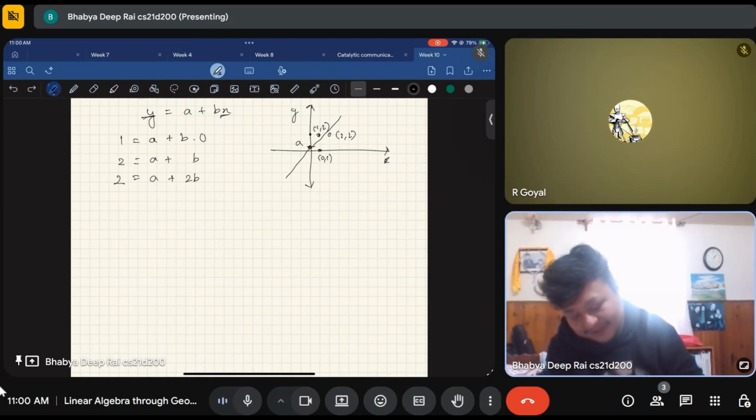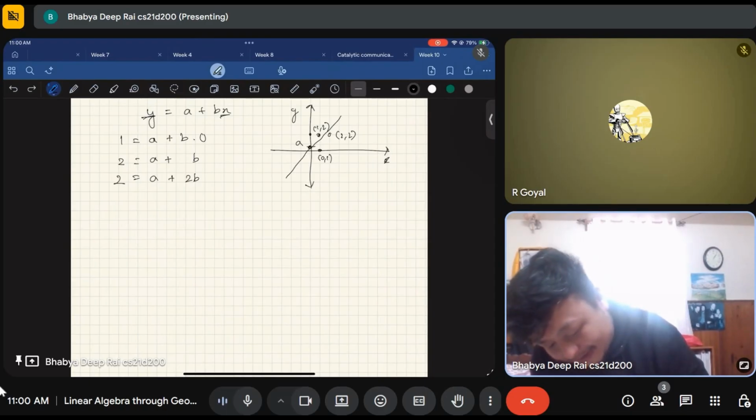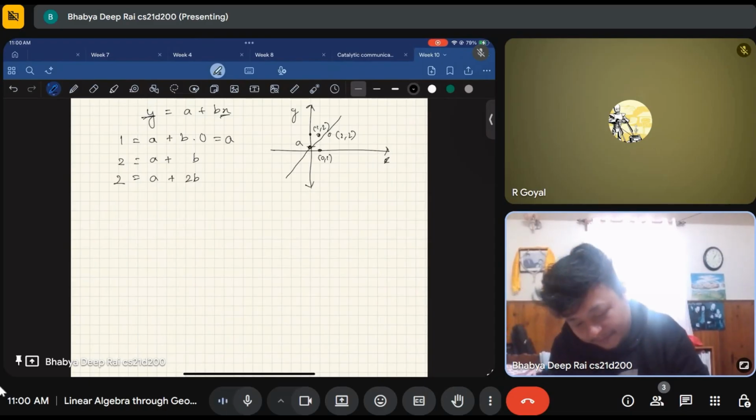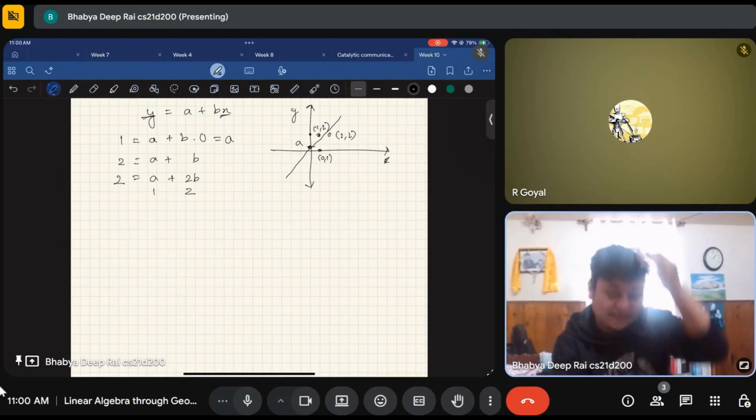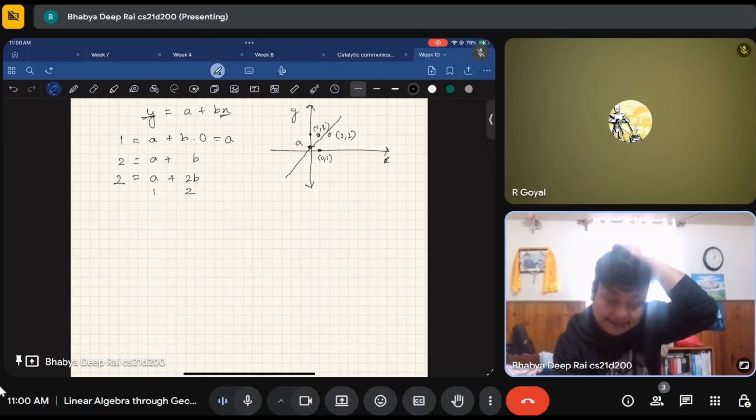But is it possible? Is the system consistent? Let's see. Now what you're saying is a equals 1, and you substitute 1 here, then b is also equal to 1, but then a is 1 and b is 1, so 2 times 1 plus 1 should be 3, but it's 2. So it's clearly inconsistent.